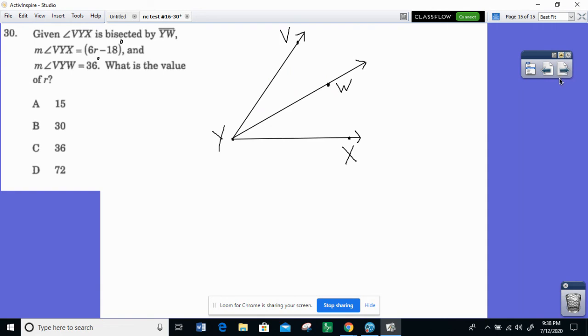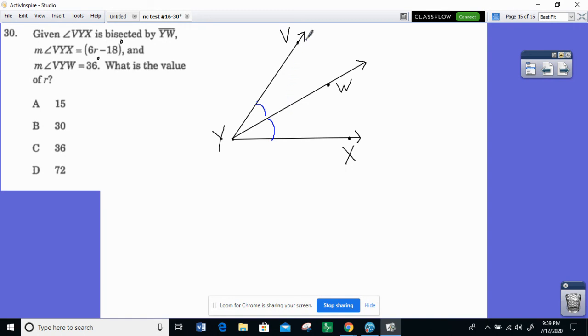All right, number 30. Given that angle VYX is bisected by ray YW, the measure of angle VYX equals 6R minus 18 degrees, and the measure of angle VYW equals 36 degrees. What is the value of R? Well, if angle VYX is bisected by ray YW, these two angle measures are going to be the same.